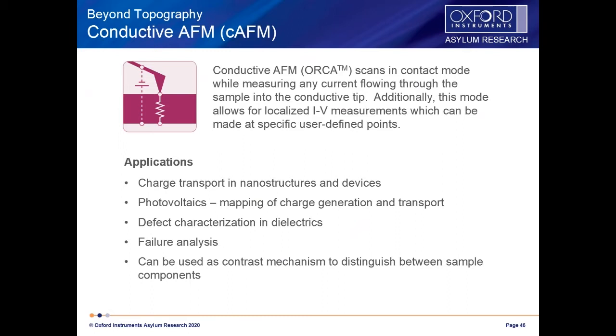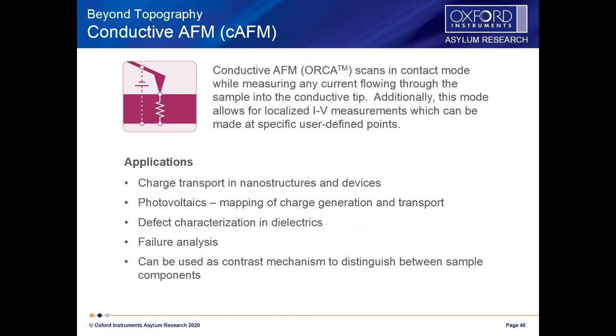So if you compare this with other bulk scale electrical characterization techniques, this has much higher resolution and it is much easier to use compared to nanoprobing or using a probe station. So you can land the tip on your sample and very quickly do a 2-point electrical measurement.